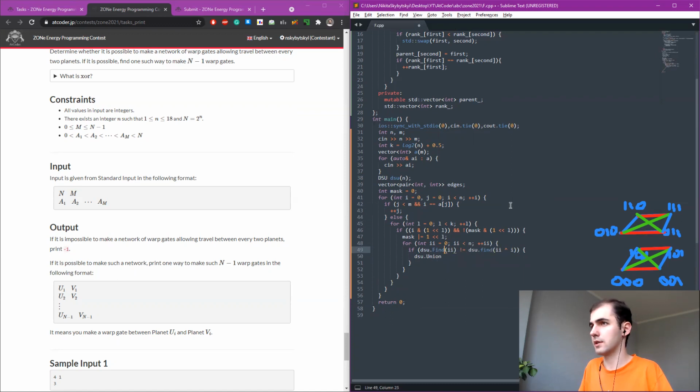Oh, yeah, that's the case. And second, I just replace back this edge, right? Because that's what we wanted. Probably.